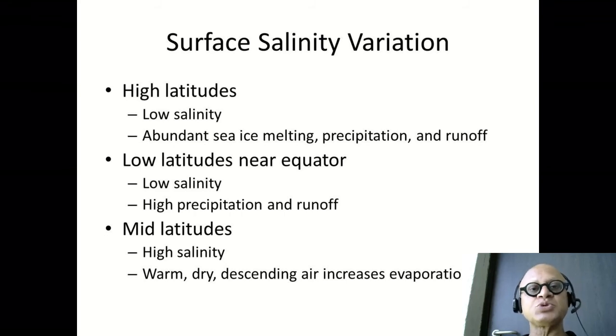Mid latitudes, which were shown as the high evaporative bands, have high salinity. They are warm, they are dry. Warm also favors evaporation, which increases salinity in the ocean water. They are dry because the precipitation is not very high, which is why evaporation is higher than precipitation.